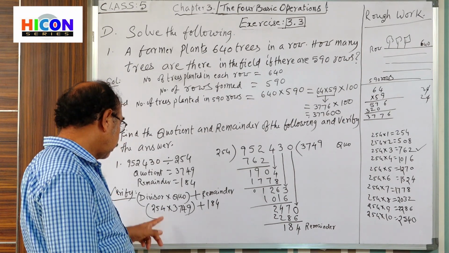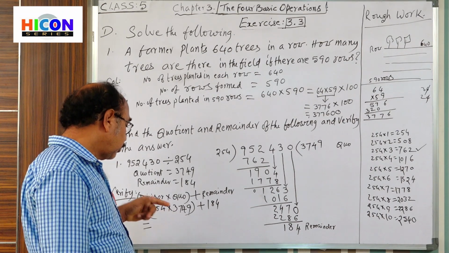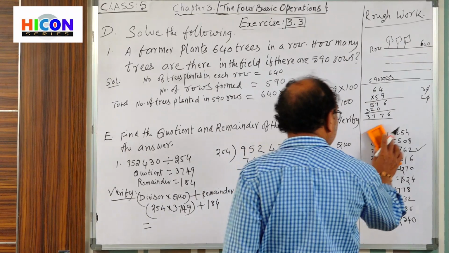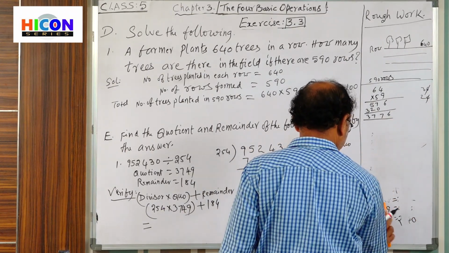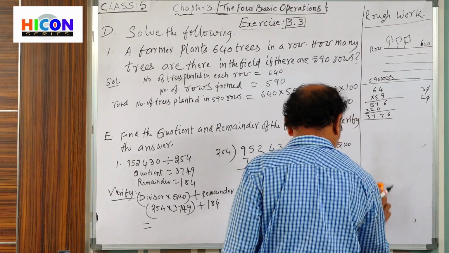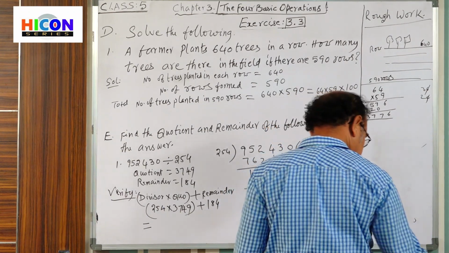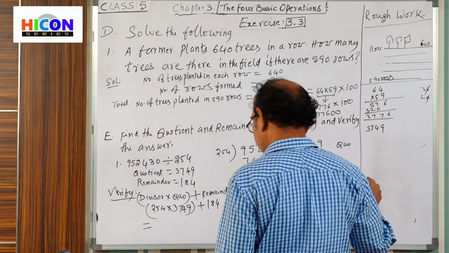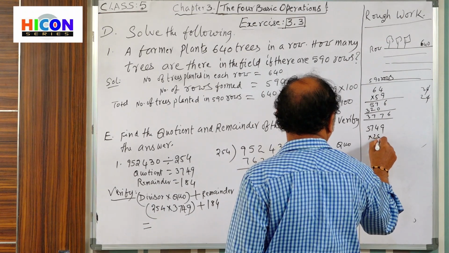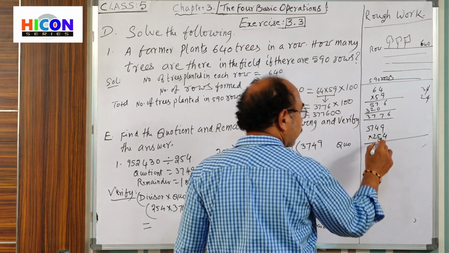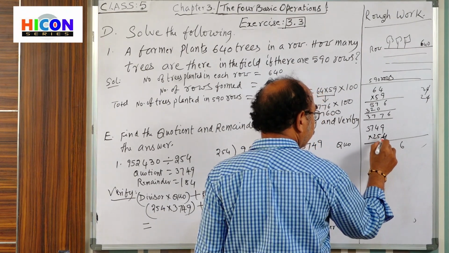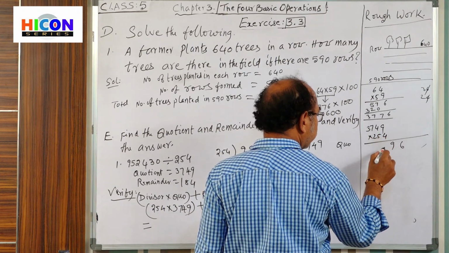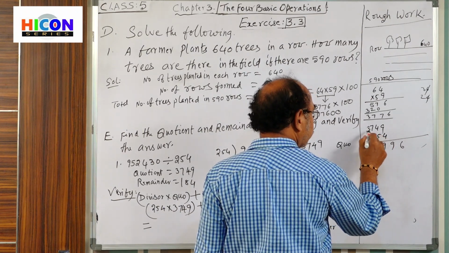Okay, children. So multiply 3749 with 254. I will show you the multiplication in the margin work. 3749 into 254. 4 nines are 36, 3 carried. 4 fours are 16 plus 3, 19. 9, 1 carried. 4 sevens are 28 plus 1, 29. 9, 2 carried. 4 threes are 12 plus 2, 14.